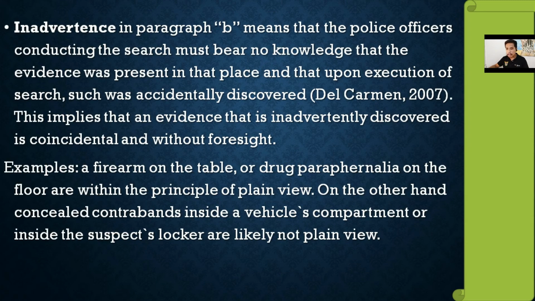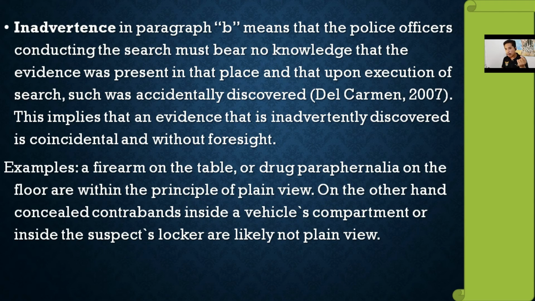This usually happens during checkpoints. Say, for example, a police officer during a checkpoint opens the compartment or the U-box of a motorcycle, and upon opening, he finds a firearm inside the U-box. The question is, can he use the firearm as evidence against the driver? The answer is no. Why?